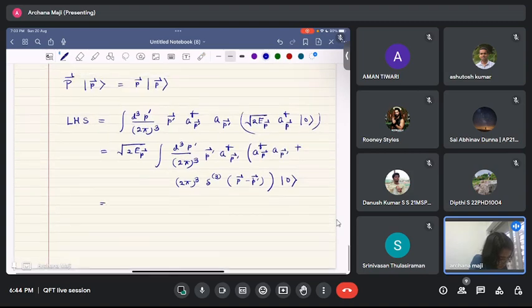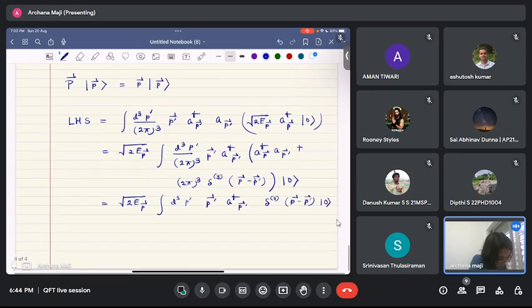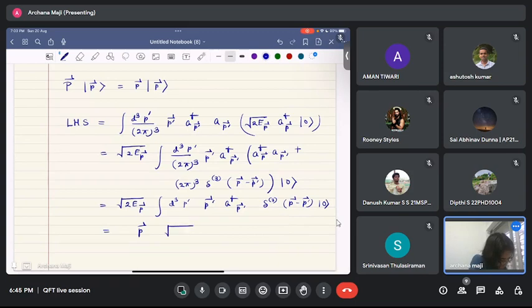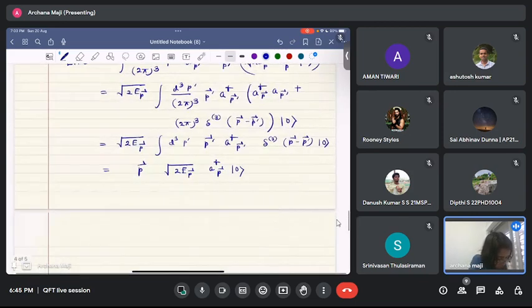And from the second term you get integration d3 p prime, 2 pi cube gets cancelled out, p prime a dagger p prime delta 3 p minus p prime acting on 0. So p prime will be replaced by p, and we are left with p square root 2 EP a dagger p acting on 0. Okay, and that is nothing but the state P.